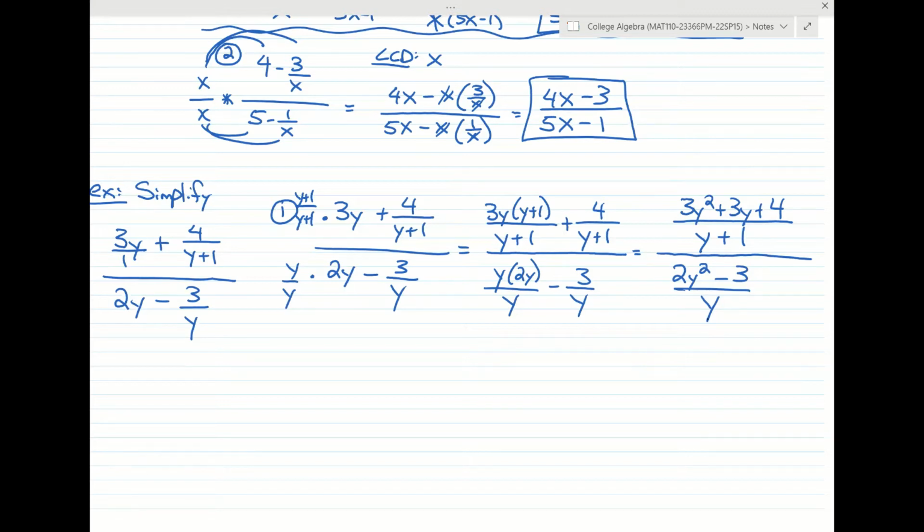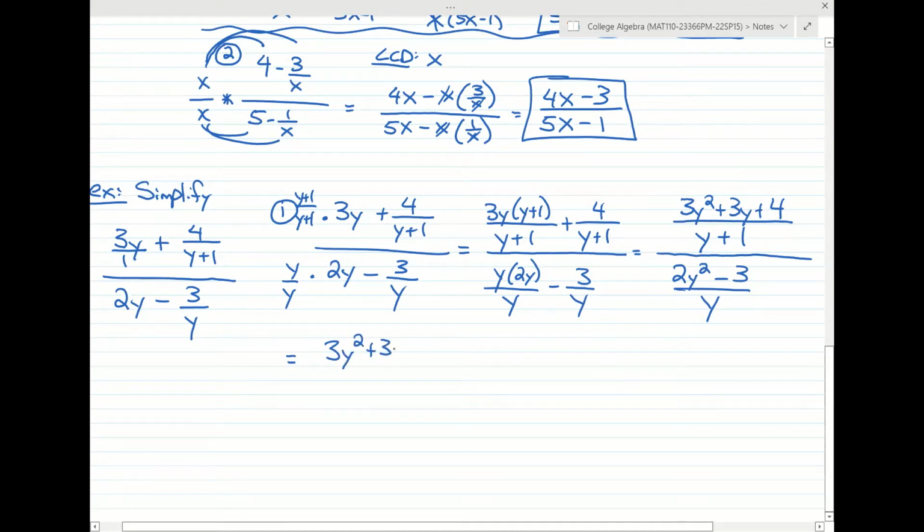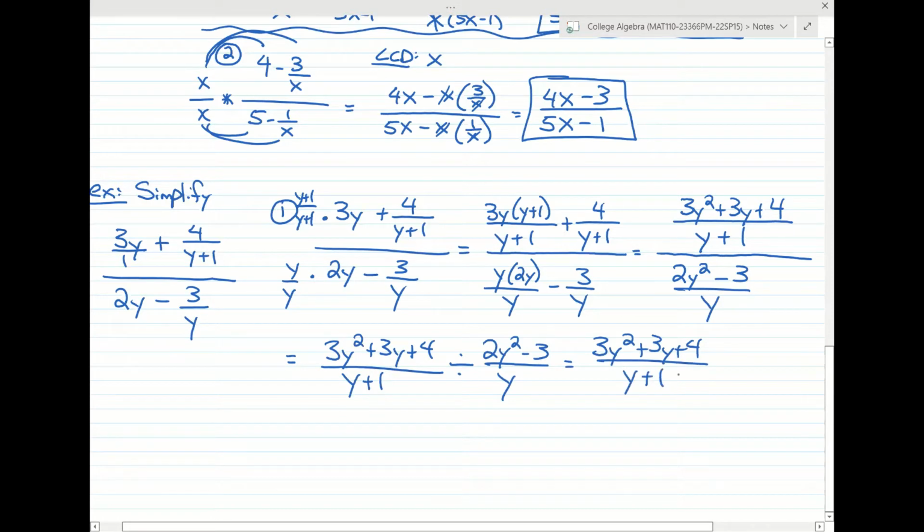At this stage, we could just multiply by the reciprocal. This would be 3y squared plus 3y plus 4 divided by y plus 1, divided by 2y squared minus 3 over y, which is the same thing as 3y squared plus 3y plus 4 divided by y plus 1 multiplied by the reciprocal.